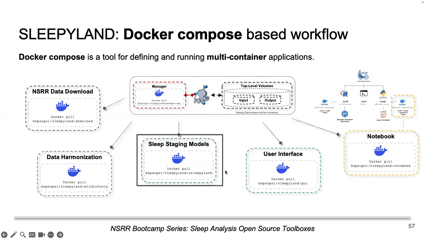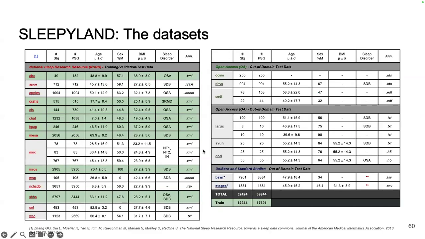Before diving directly into the tool, hands-on, I want to just show you some results that we have at the moment. I'm showing you what we achieved on the test set data of the NSRR. At the moment, we are just using this list of datasets in training.